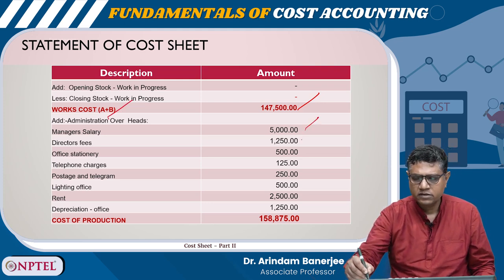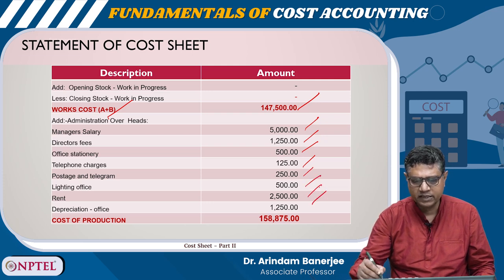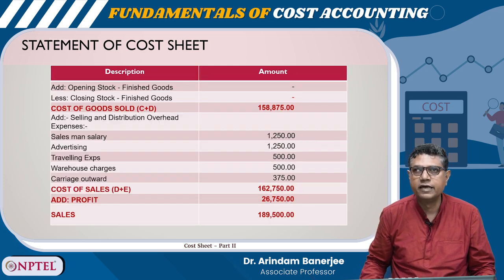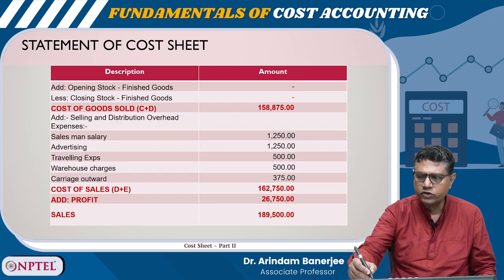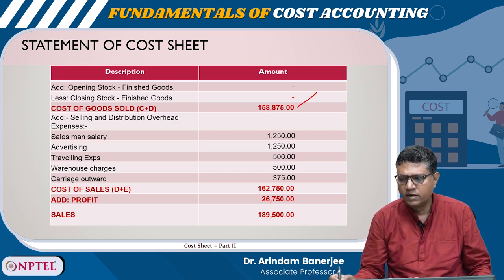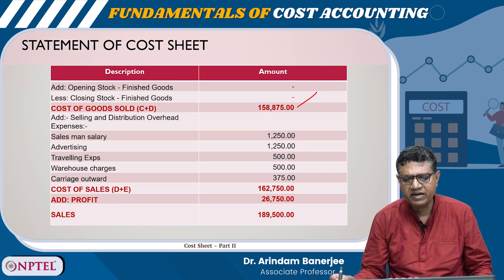With that, the administration overheads are added: manager's salary, director fees, office stationery, telephone charges, postage and telegram, lighting office, rent, depreciation, etc. So, I am getting the cost of production, 1,58,875.